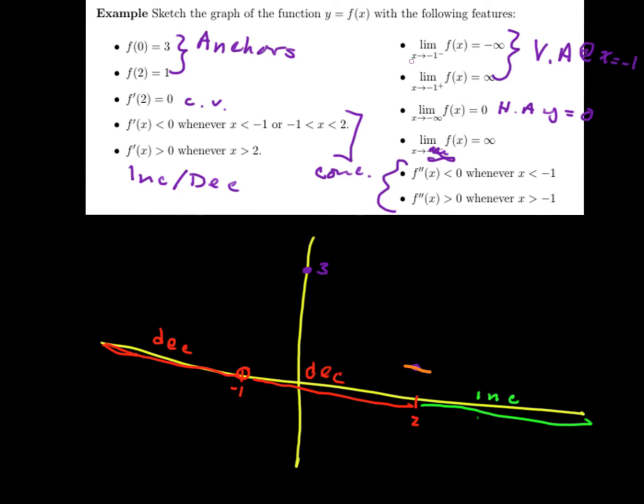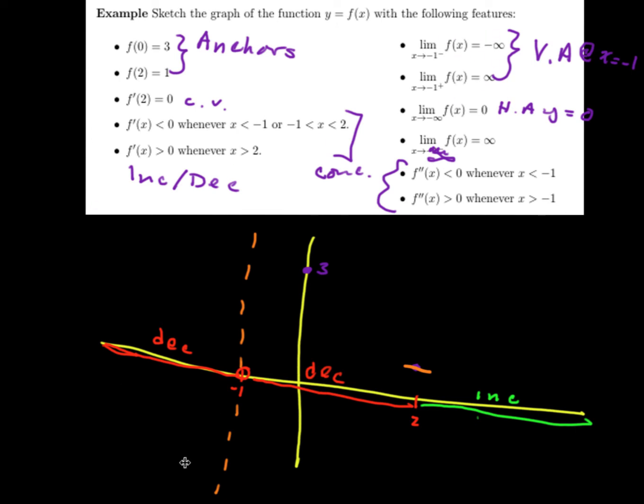So what else do we know? As the limit as x approaches -1, we know we've got a vertical asymptote here. So let's go ahead and just put that. So I've got a vertical asymptote at -1. And it goes to negative infinity from the left.